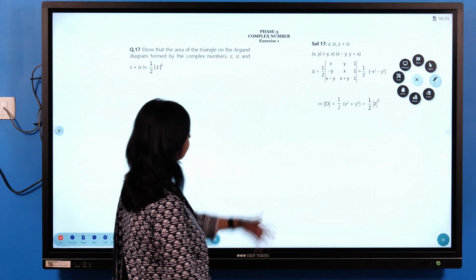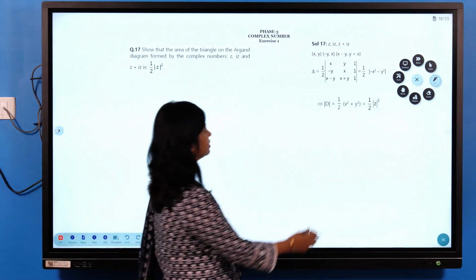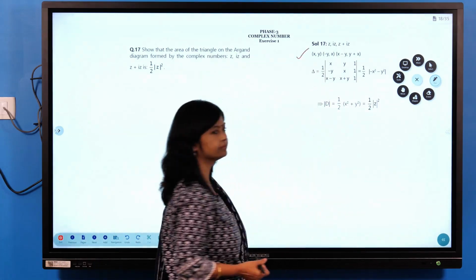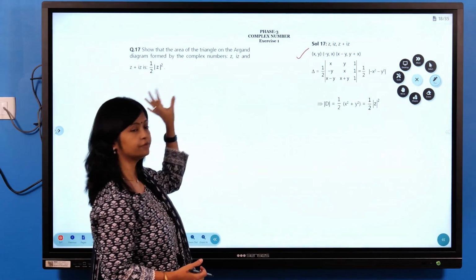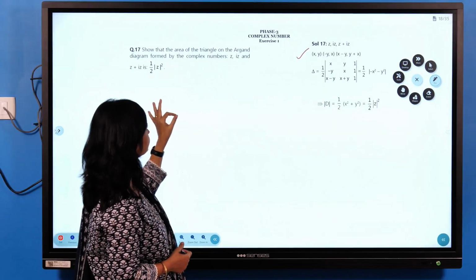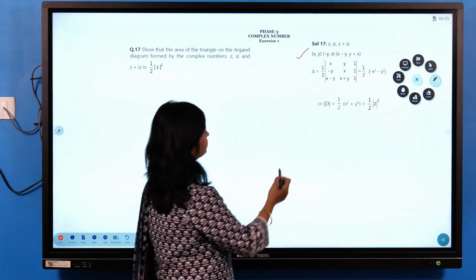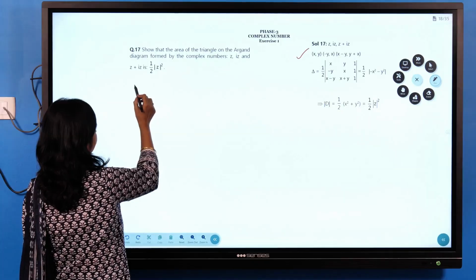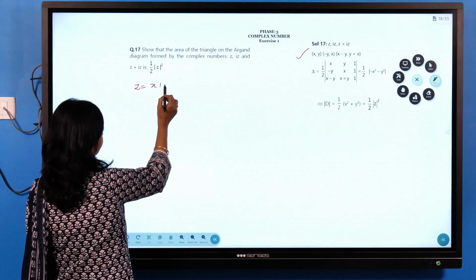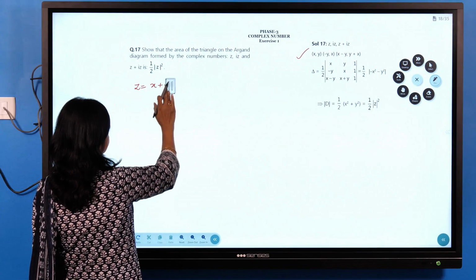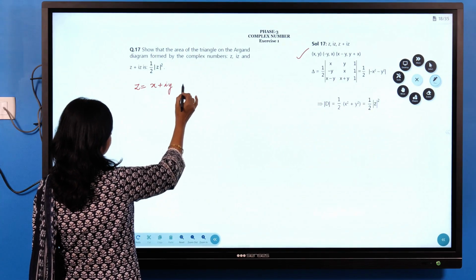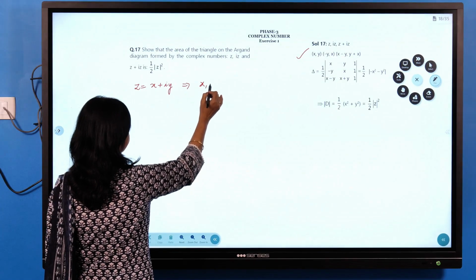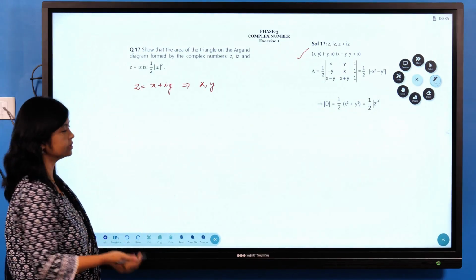And we can see the solution is using the Cartesian plane. Convert it into x and y. So if we take z as a point in the coordinate plane, if we take z as x plus iy, then it corresponds to a point (x, y) in the coordinate plane or the Argand plane.